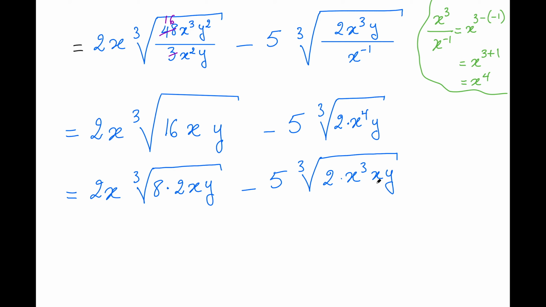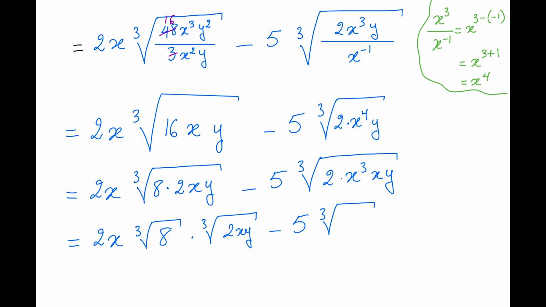Am I correct? Okay. All right, so that's 2x, the cube root of 8 times the cube root of 2xy, minus 5 times the cube root of x cubed times the cube root of 2xy.